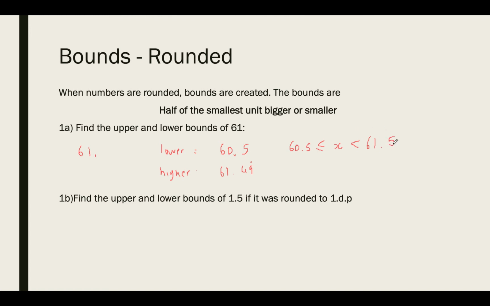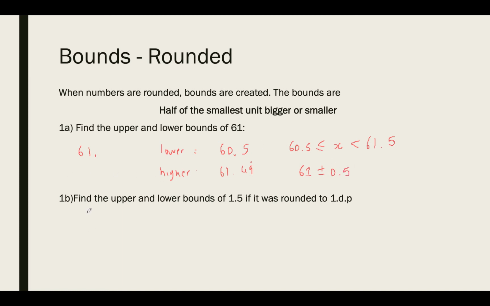So anything less than 61.5 but greater than or equal to 60.5 could be defined as what this number was before it was rounded. Another way of writing this range could be 61 plus or minus 0.5.